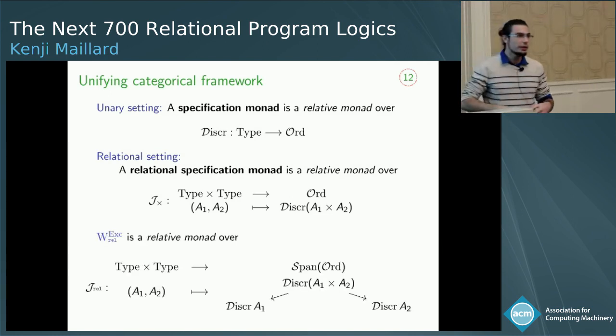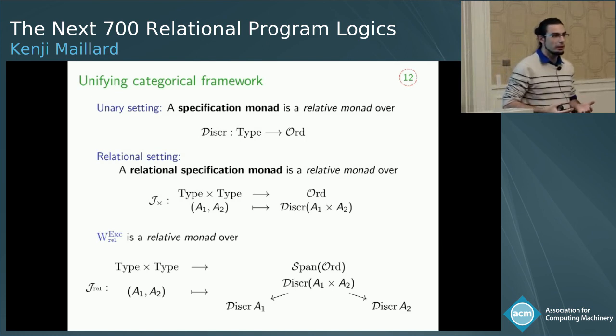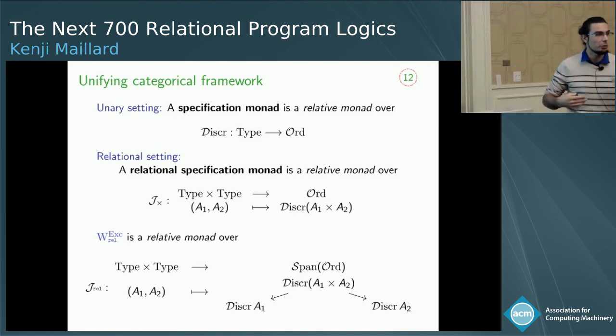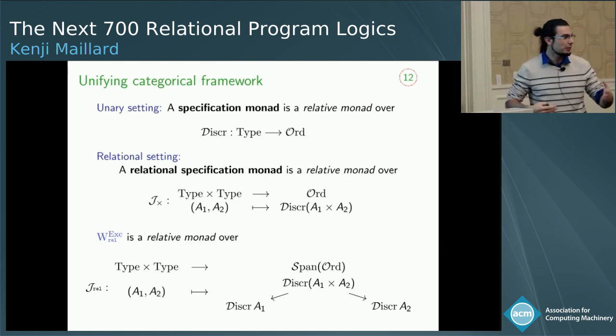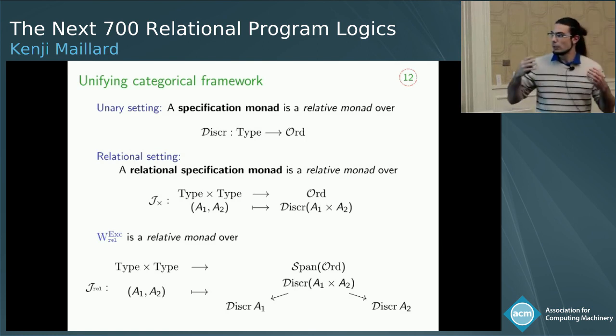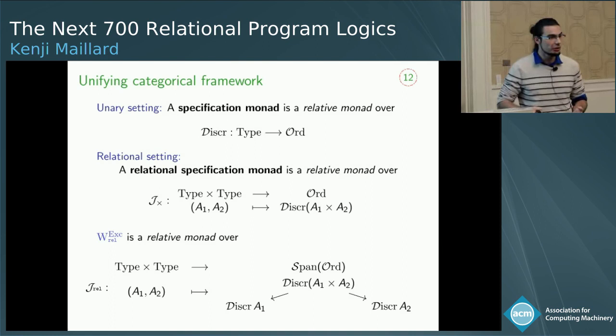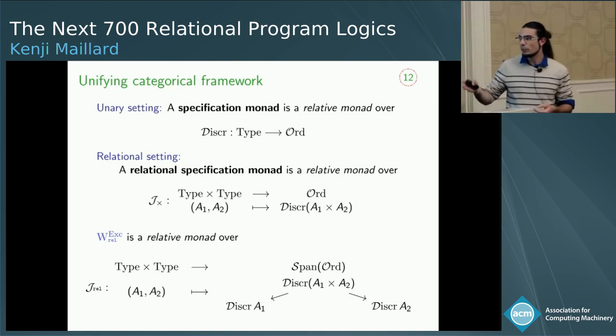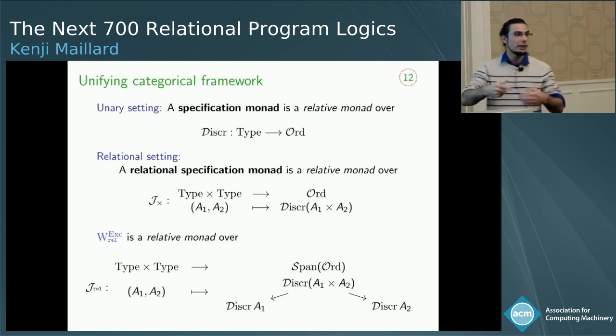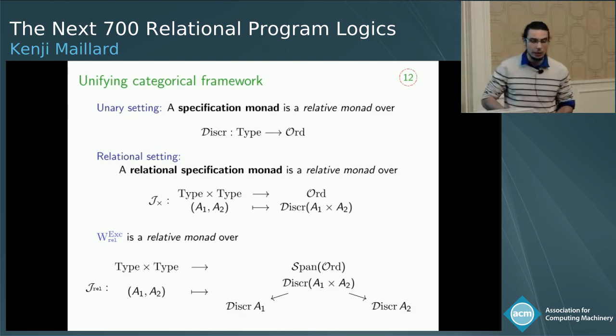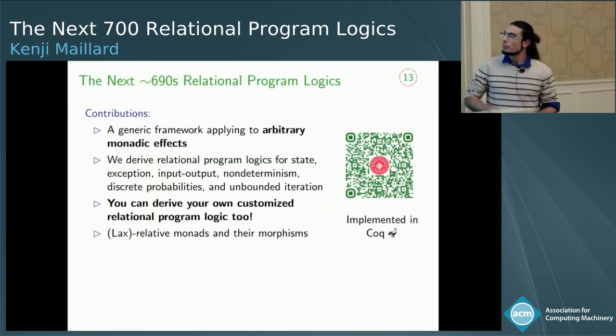And in this more complex setting of exception, where I need to keep track of unary specification, my object of relational specification is just a relative monad over this functor that maps a pair of types to the total relation over these two types. So what did I present to you here?